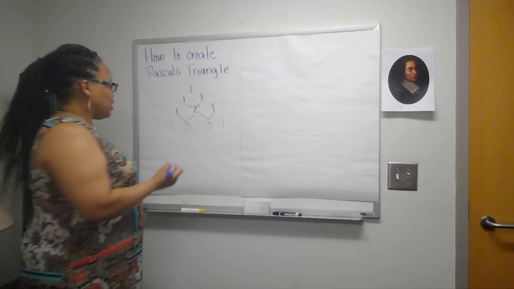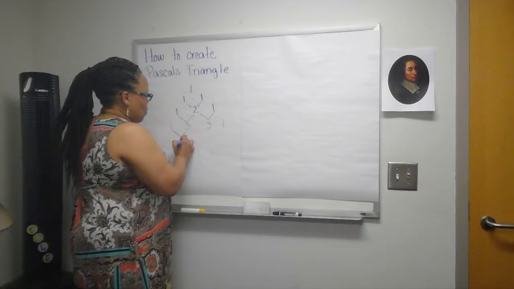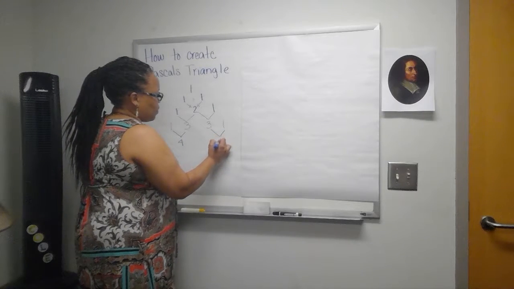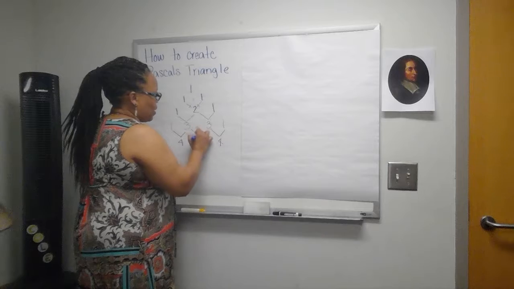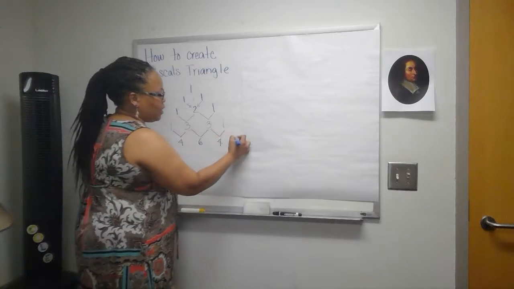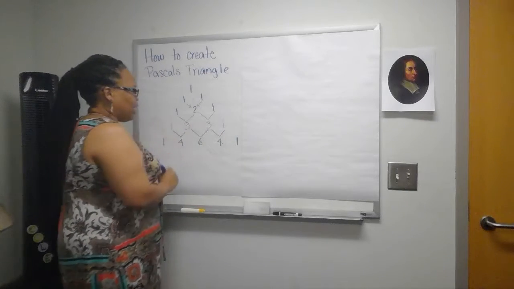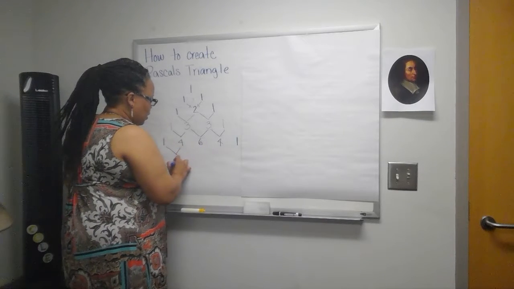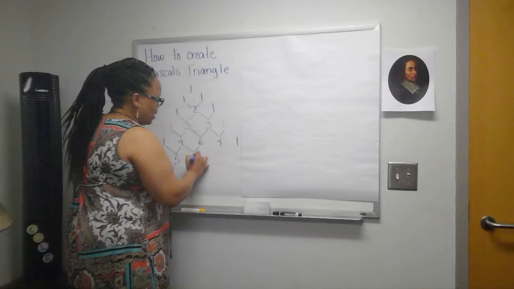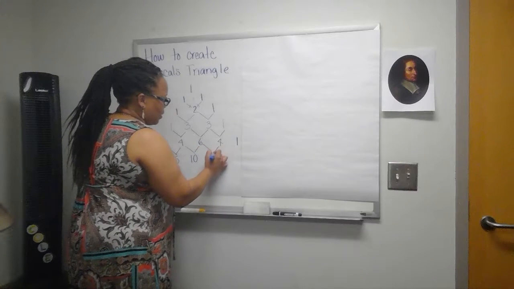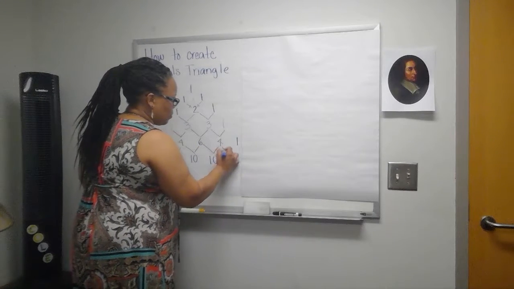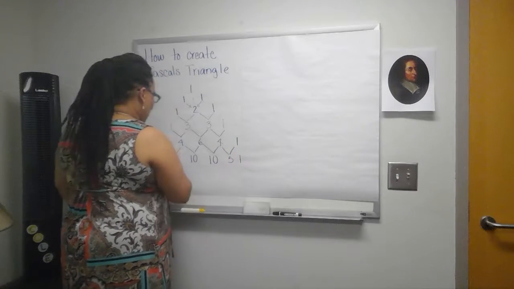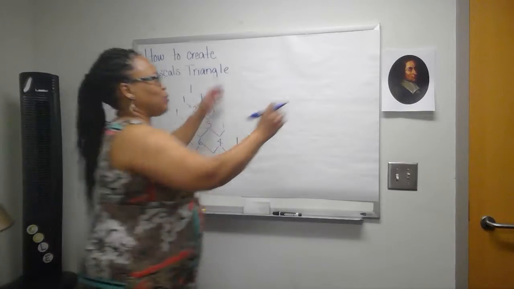And then you would just continue. 1 plus 3. Again, 1's on the outside. 1 plus 4. 4 plus 6. 6 plus 4. 4 plus 1. And then again, 1's on the outside.